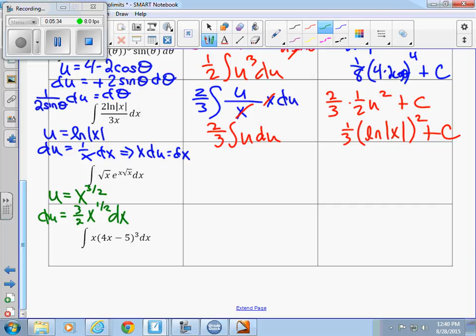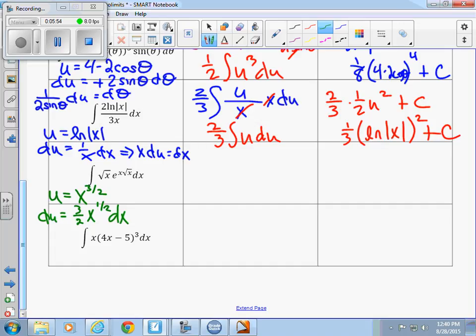Is that exciting? Why is that exciting? Because there's an x to the 1/2, and there's the square root of x in the function. So remember, if that derivative shows up elsewhere in the function, that's how we're going to get that cancellation.